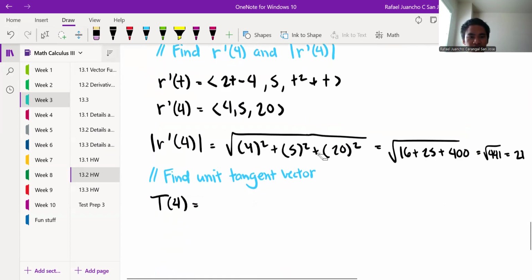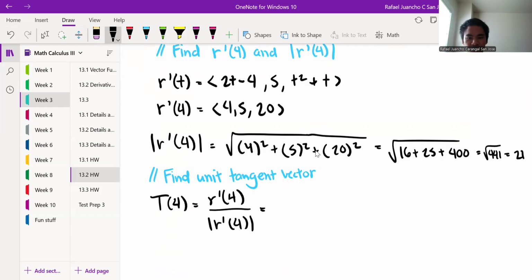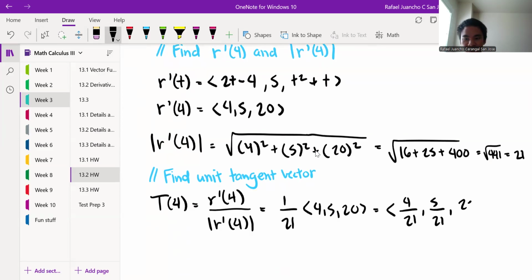So I'm just gonna plop it in. So we have r prime of 4 divided by its length. And so we have 1 over 21 multiplied to this vector, 4, 5, 20. And so this will give me 4 over 21, 5 over 21, 20 over 21. And this should have length 1.